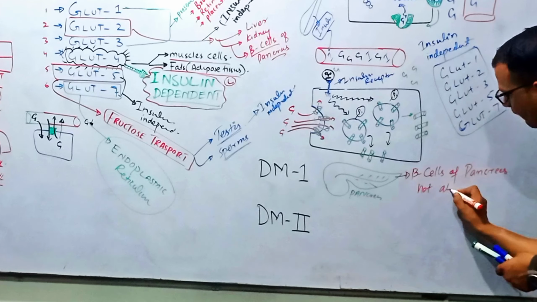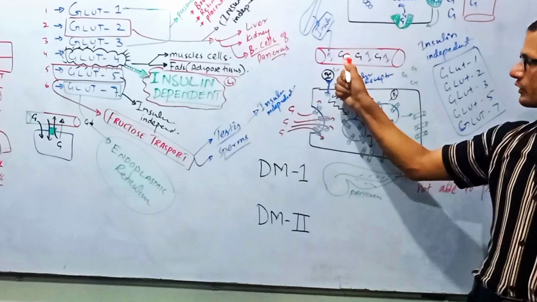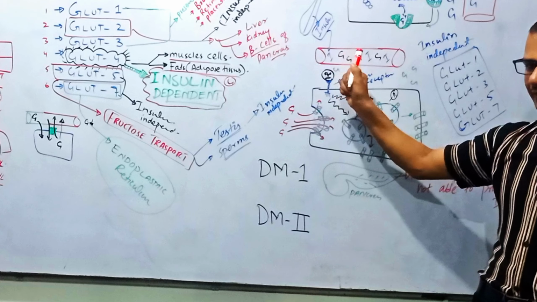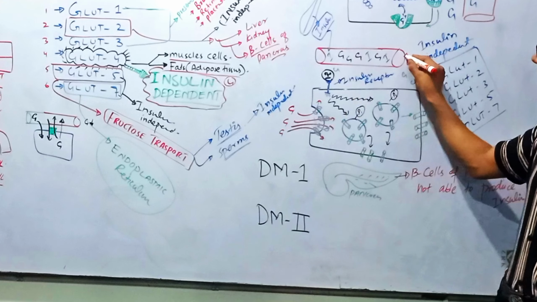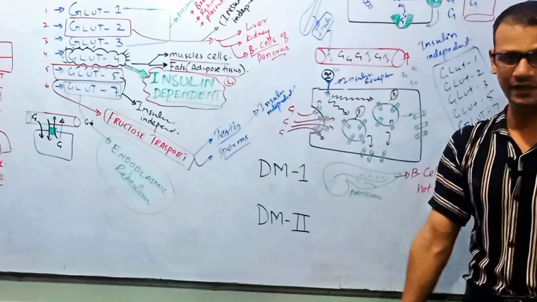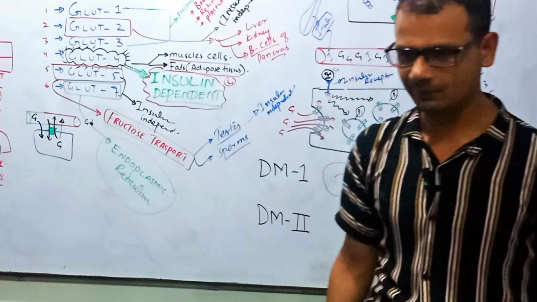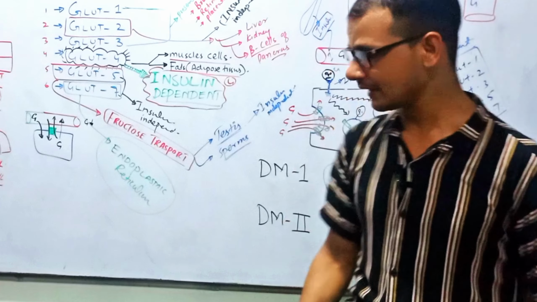This is diabetes mellitus 1, and when insulin is not present, glucose cannot move from blood into the cell, so the sugar level will increase here, and this condition is called hyperglycemia or diabetes mellitus, right?